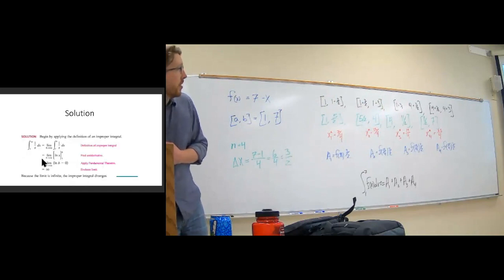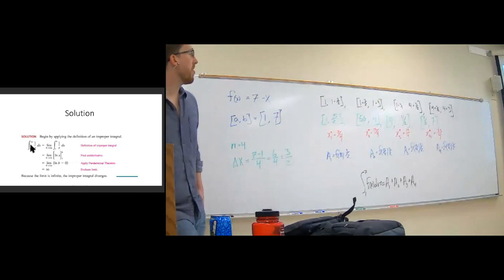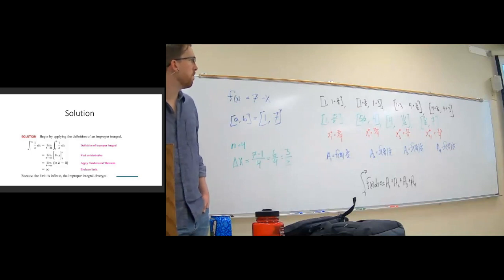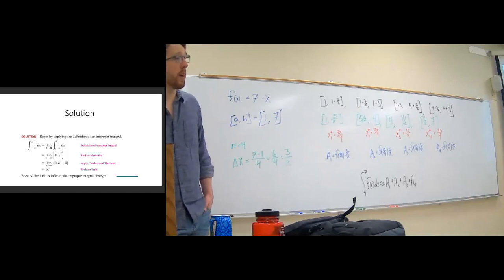And in this case, we've got the integral from 1 to infinity of 1 over x dx. Well, let's go ahead and replace this infinity with b. We're going to integrate from 1 to b the function 1 over x with respect to x. And then we're going to apply our limit as b goes to infinity. Okay, well, we know that the integral of 1 over x is the ln of the absolute value of x.